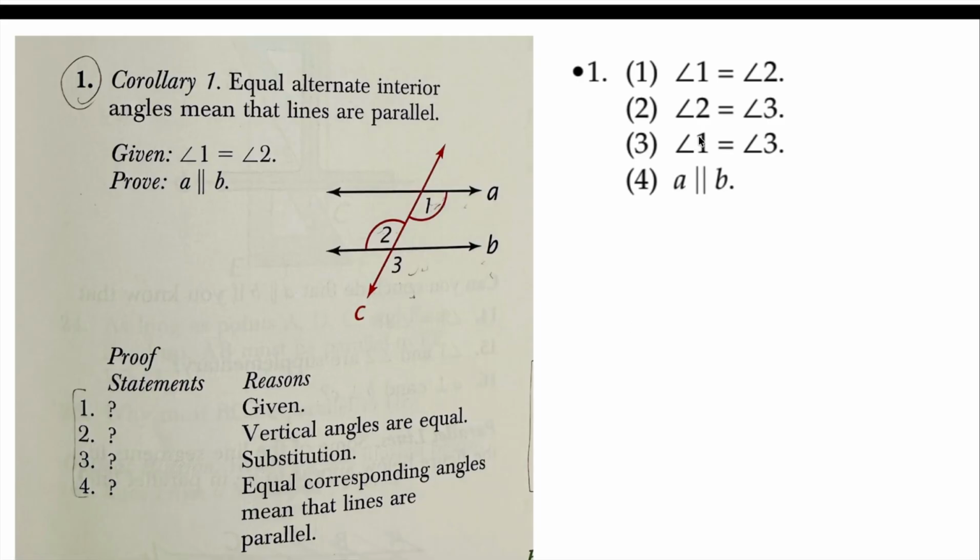Angle 1 is equal to angle 3. We substituted 1 for angle 2. And so equal corresponding angles mean that lines are parallel. So therefore we can give our proof as our number 4. We have proved that line A is parallel to line B.